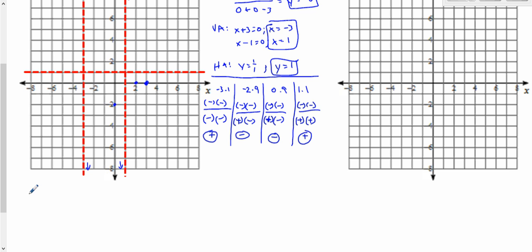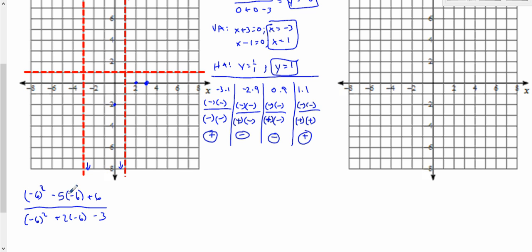If I do negative 6 in parentheses squared, make sure you put that in parentheses, minus 5 times negative 6 plus 6 over negative 6 squared plus 2 times negative 6 minus 3.